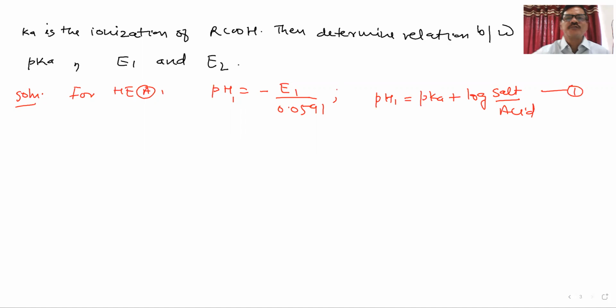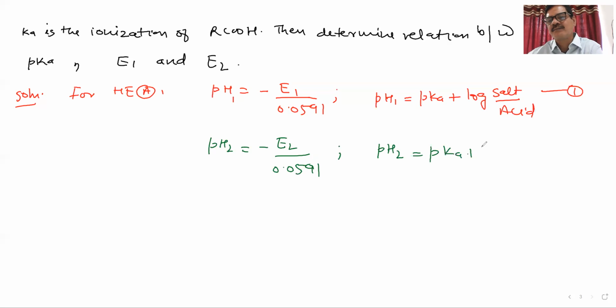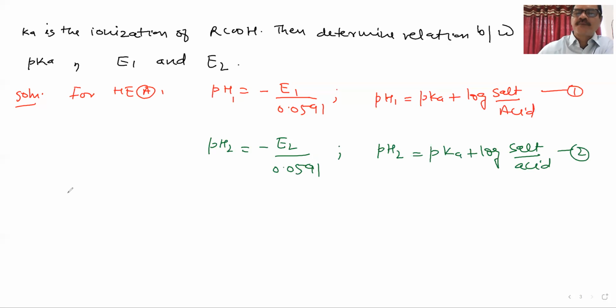and the pH2 is equals to what? That is minus E2 by 0.0591. So this pH2 will also be equals to pKa plus log salt by acid concentration. Now we can put the values of concentration of salt and acid.